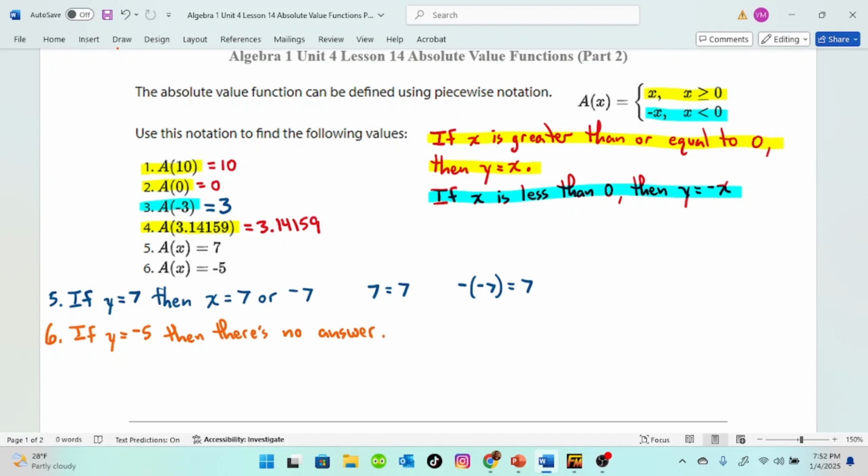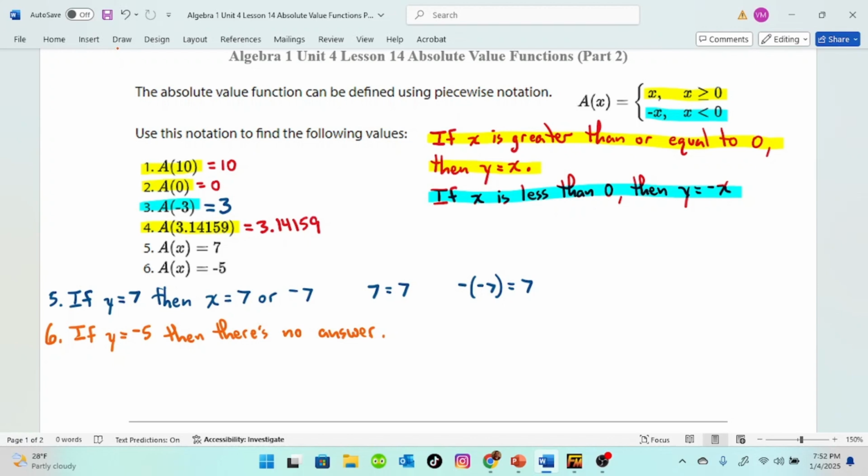And if you want to understand this better, look at the other answers we have. In number 1, the answer was 10. That's positive. In number 2, it was 0. In number 3, the answer was 3. That's positive. In number 4, our answer was positive. In number 5, our answer was positive.